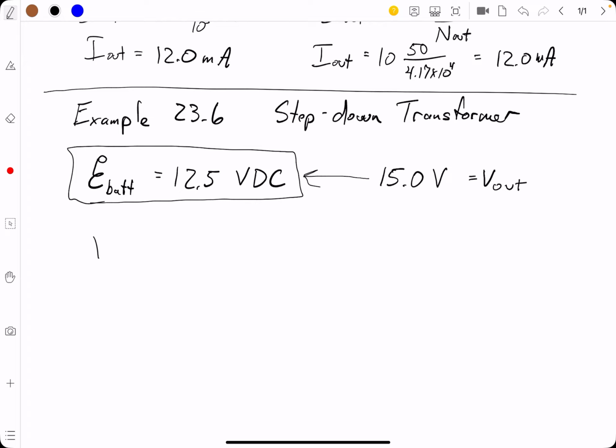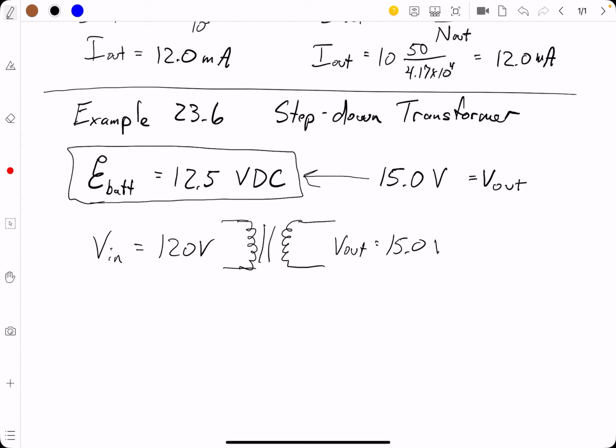Okay, let's start over. We've got V in equal to 120 volts. We're going to run that through a transformer, and we're going to come out with 15 volts, which is what we need to charge up our battery.